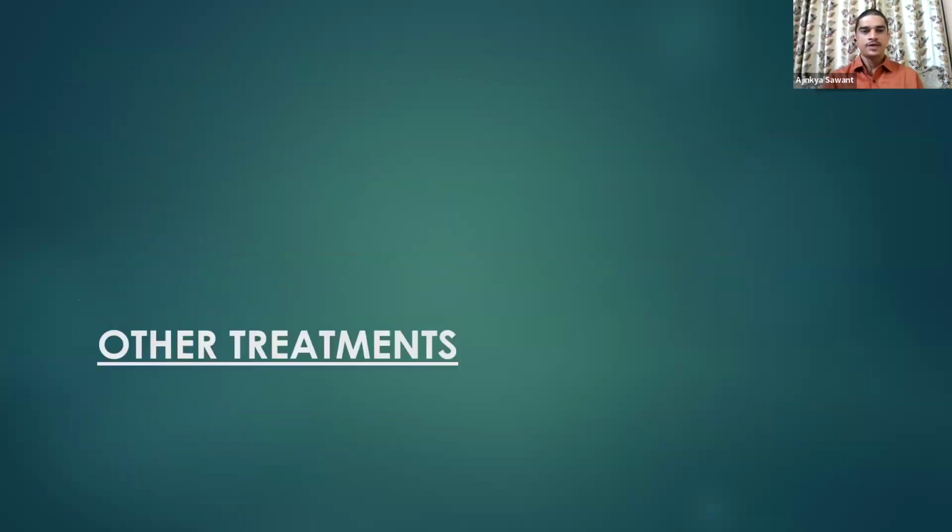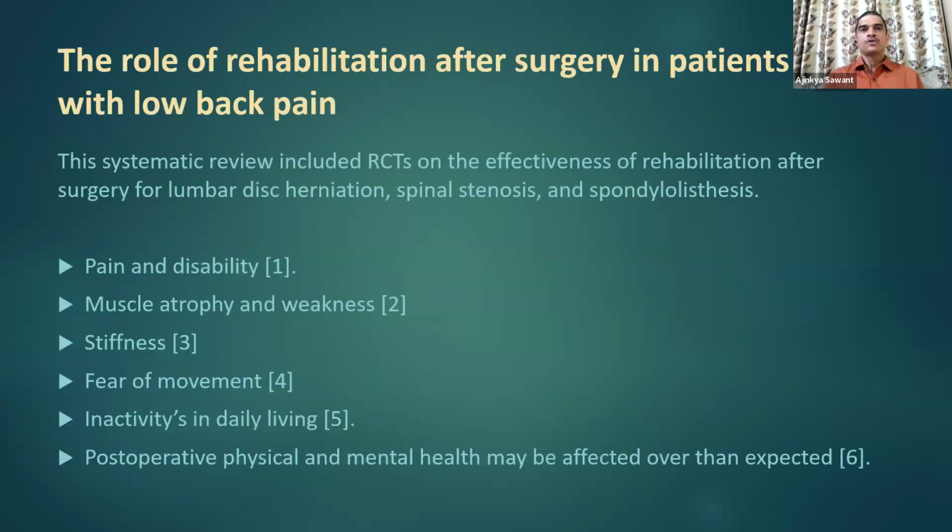So what are the other treatments? The role of rehabilitation after surgery in patients with low back pain: the systematic review includes randomized controlled trials on the effectiveness of rehabilitation after surgery for lumbar disc herniation, spinal stenosis, and spondylolisthesis. What is our role?